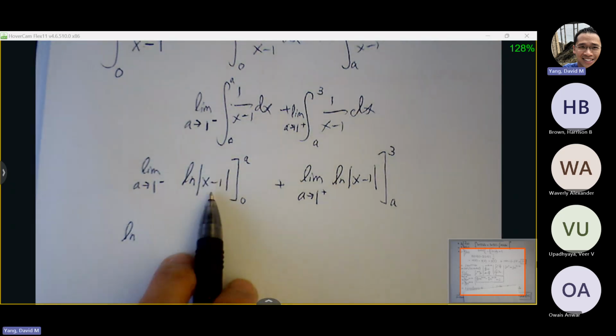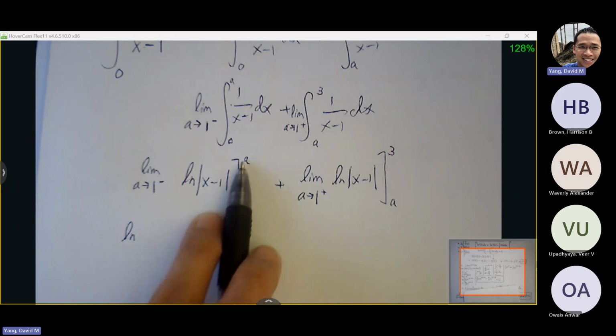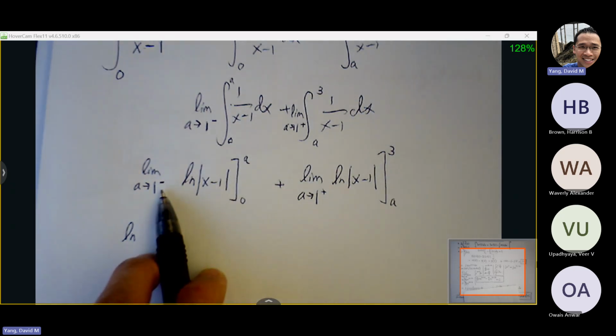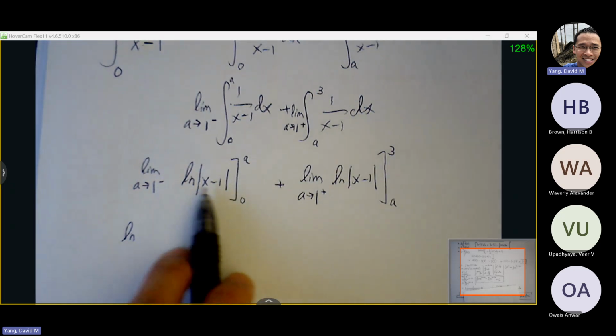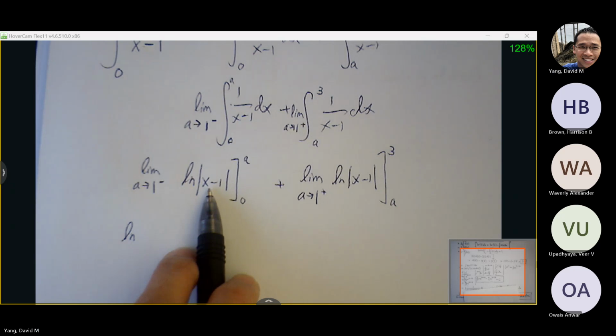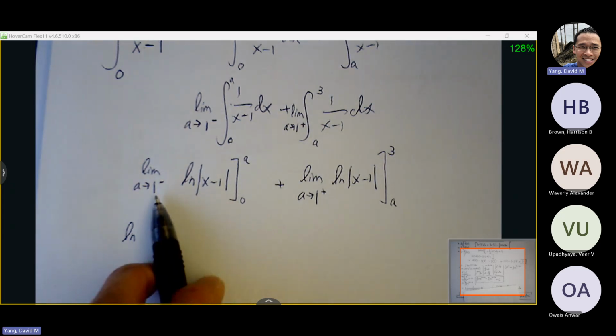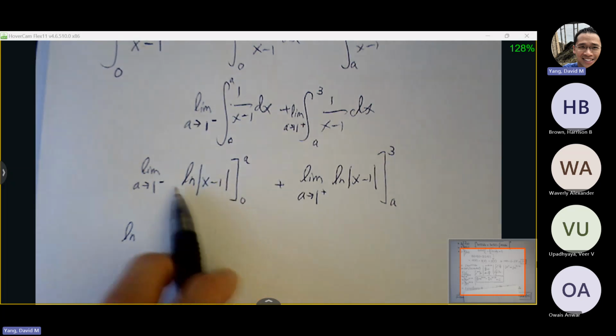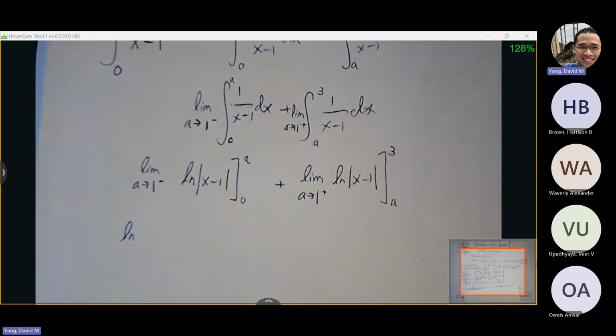So if we try to plug in A, it'll be 1, right? Natural log of 0 is not defined. But if I choose 0.9, 0.99, 0.999, this will get smaller and smaller, and this is going to go out to infinity, and that's going to break down.